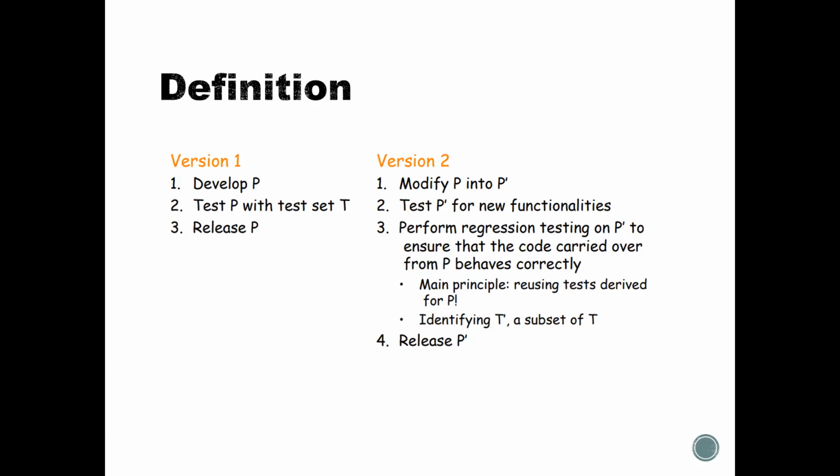The main idea of this regression testing is to reuse the tests that have been derived from P, and also identify T dash, which is going to be a subset of T. You don't want to use the entire set T. Rather, we are interested in identifying a certain subset T dash with which we are going to test this P dash. And once this is done, you release P dash.